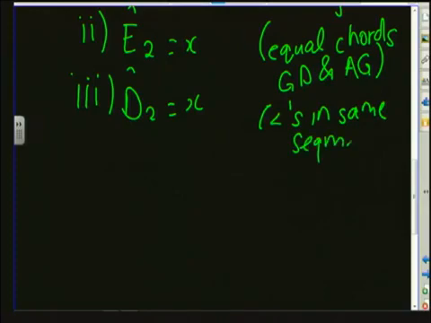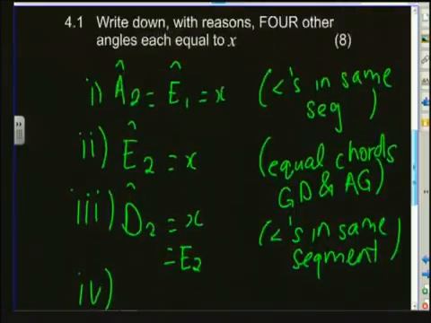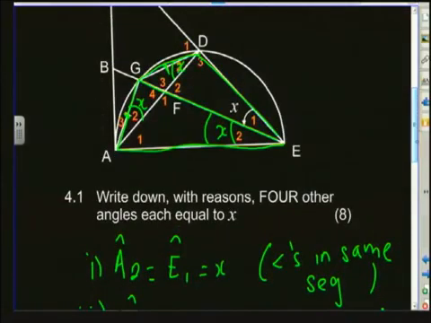And what's even better here is if we relate D2 to E2. So D2 was actually equal to E2, and that's the angle in the same segment that we are referring to. Okay. And then the last one, we have that D2 is x, and we know that A2 is x and E2 is equal to x.